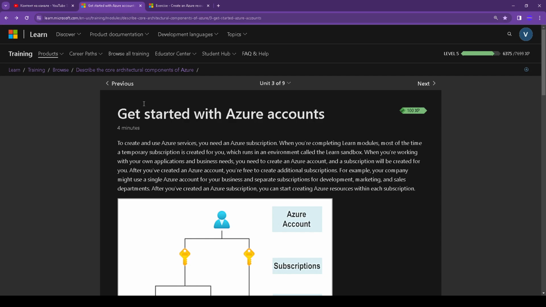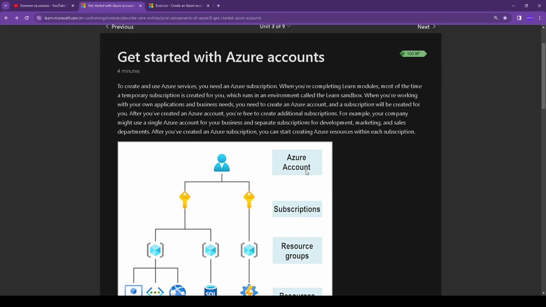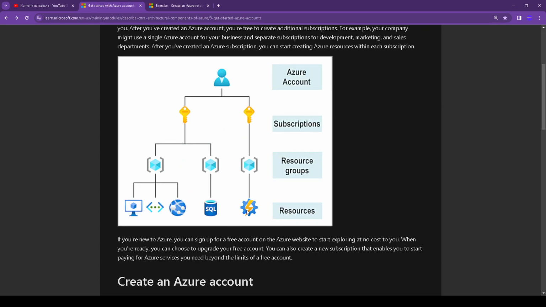This is Azure. To understand Azure, you need to understand what an account is. Azure at the head of all has an account. An account can have one or more subscriptions. A subscription gives you permission to create resource groups and resources.